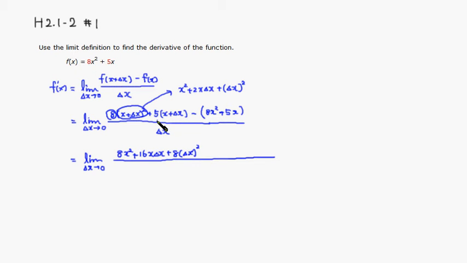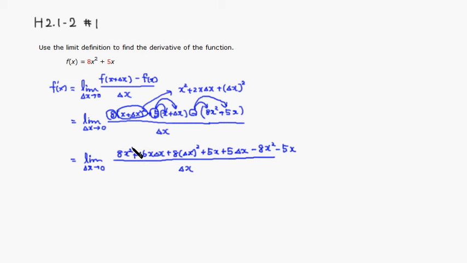Then 5 times x is plus 5x, and 5 times delta x is 5 delta x. Then the negative sign is distributed, so it's negative 8x squared and negative 5x.